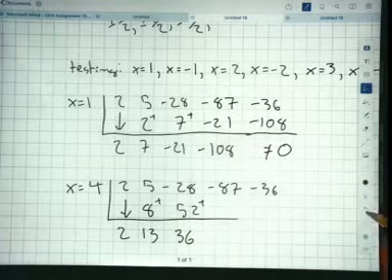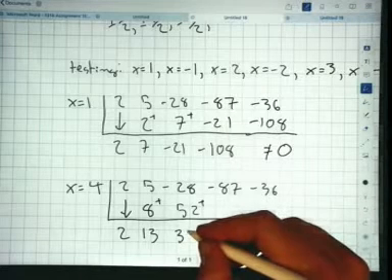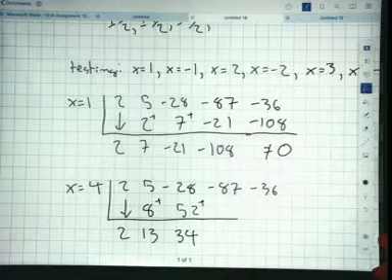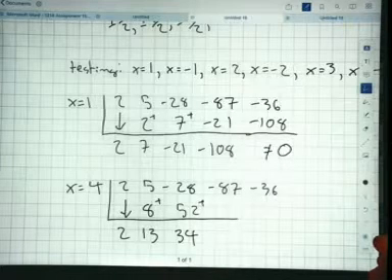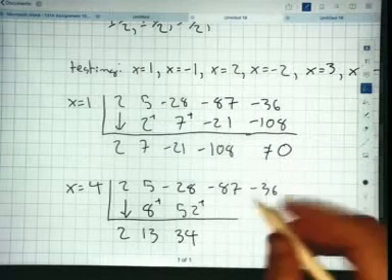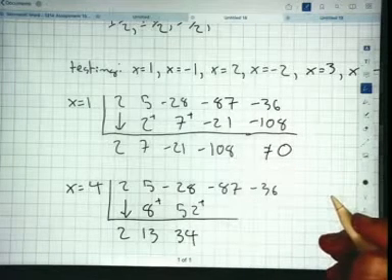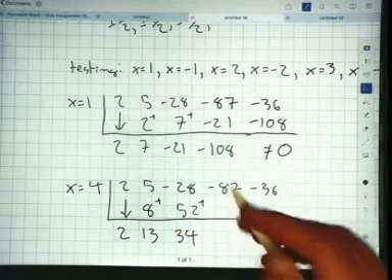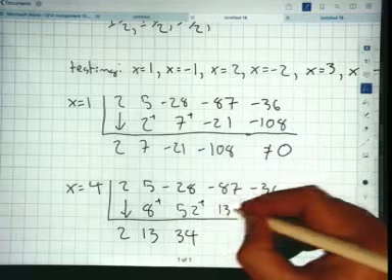No, not 36, 34. Then times 4 is going to be a 136.